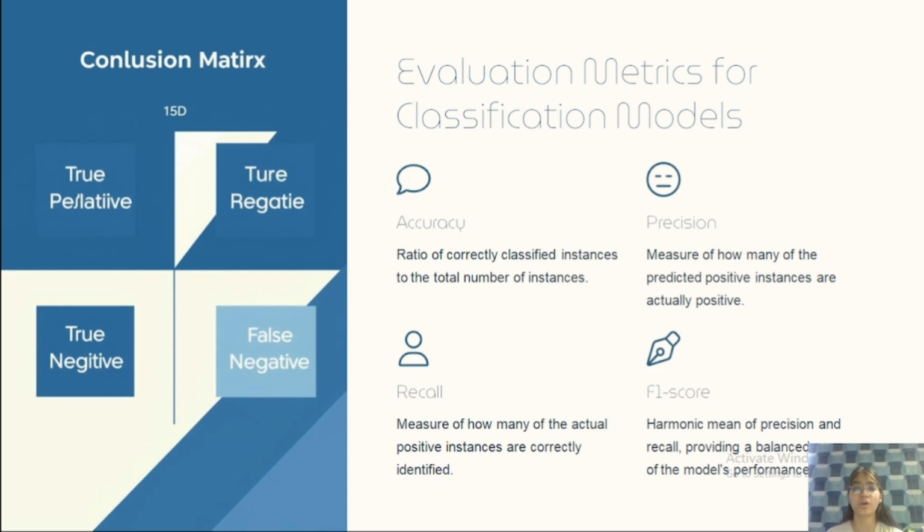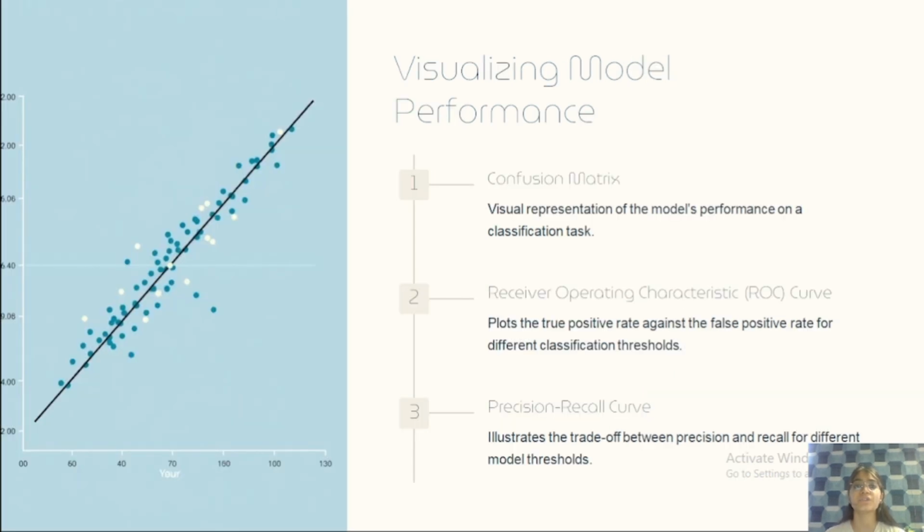With all of these four metrics, you can judge a model's performance on the basis of the weaknesses and strengths of a particular model. So now we have visualizing model performance. It includes the confusion matrix, the receiver operating characteristic curve, and the precision-recall curve. First, the confusion matrix. It is a visual representation of model performance on a classification task.